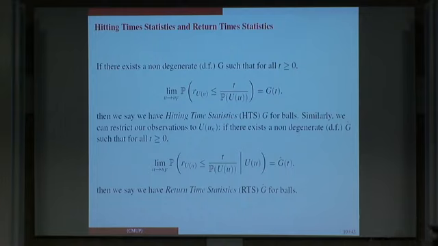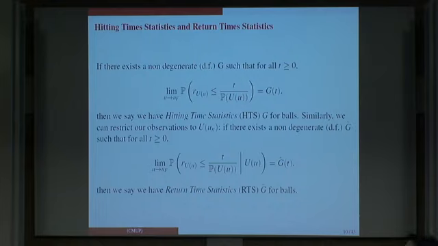And the idea was to study these hitting times when the target sets shrink. Okay? And so we say that we have hitting time statistics if you can get a distributional limit for this hitting time when these balls shrink, and you use some normalizing factor there, which comes from Kac's theorem.